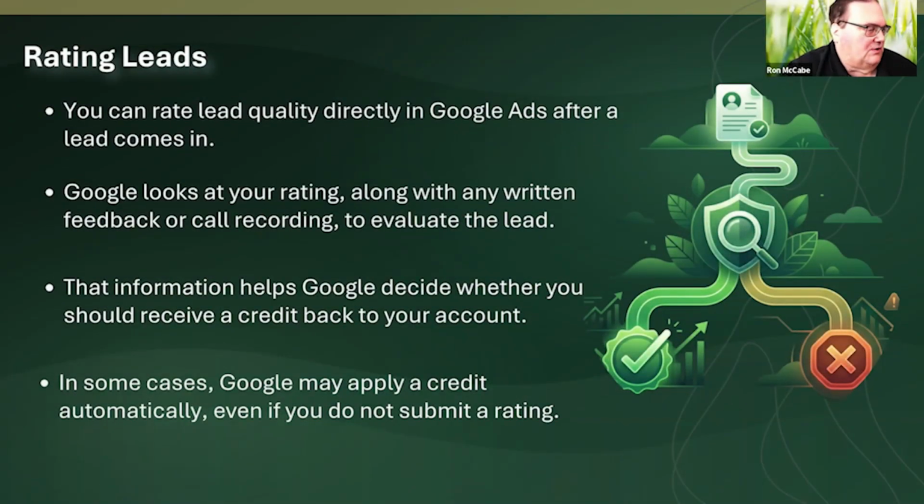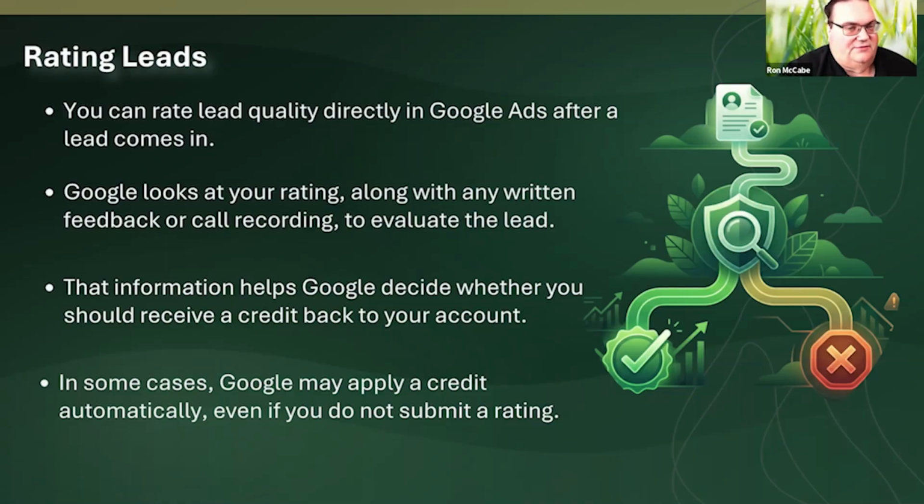And then going back to the feedback loop, it's really important that you rate the lead quality in Google Ads after a lead comes in. You basically get that evaluated by Google. And by the way, if it's a terrible lead, they'll often just reverse the charge on the lead.